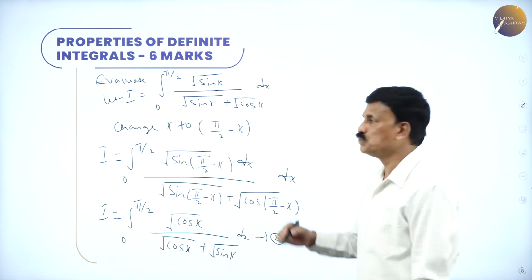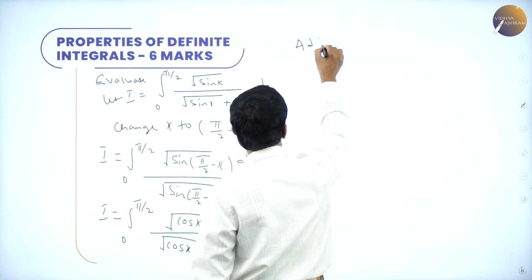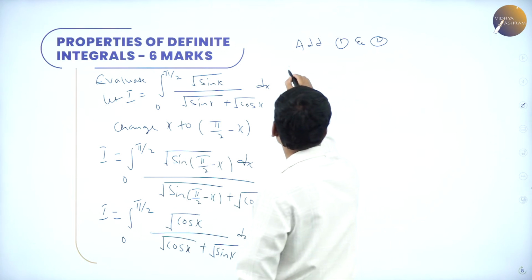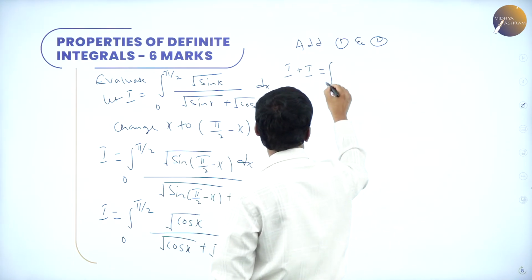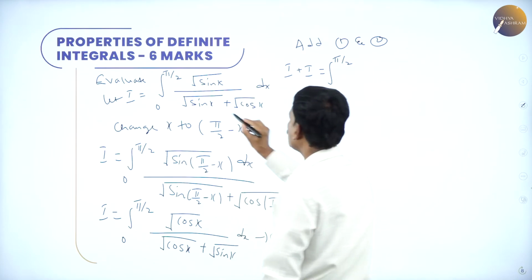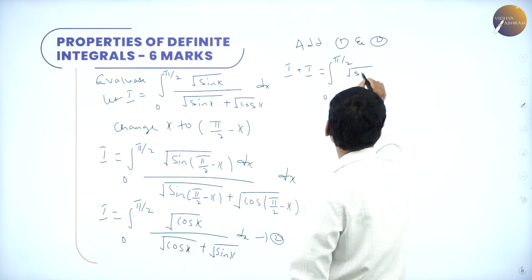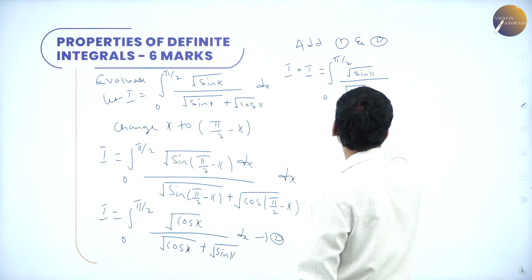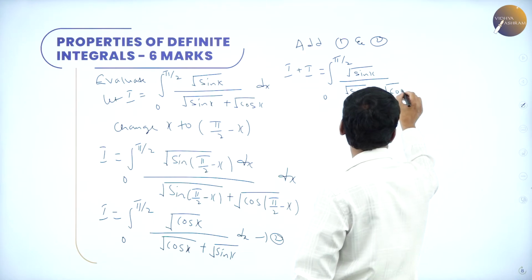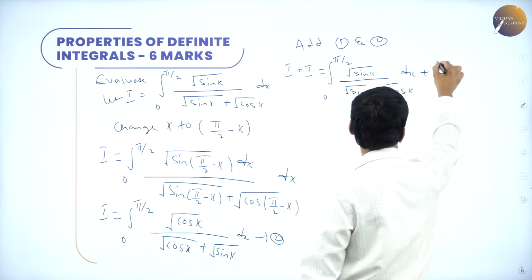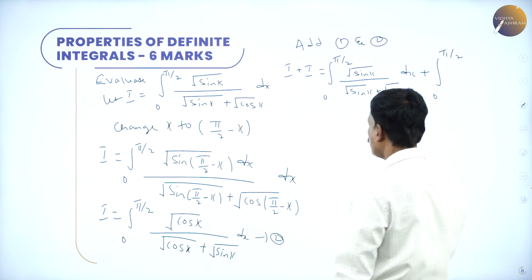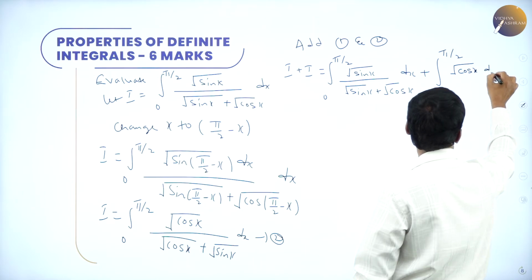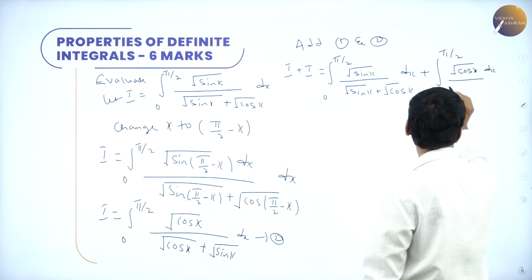Now adding 1 and 2. Left hand side I plus I is equal to integral 0 to pi by 2, equation 1 is root of sin x divided by root of sin x plus root of cos x dx, plus integral 0 to pi by 2, equation number 2 is root of cos x divided by root of cos x plus root of sin x.